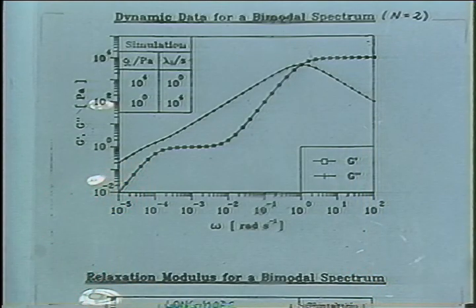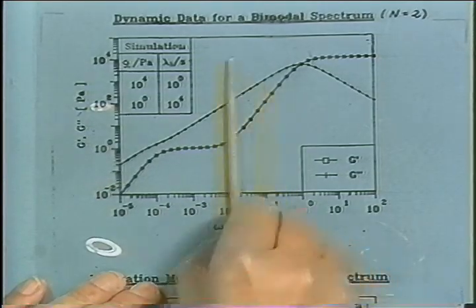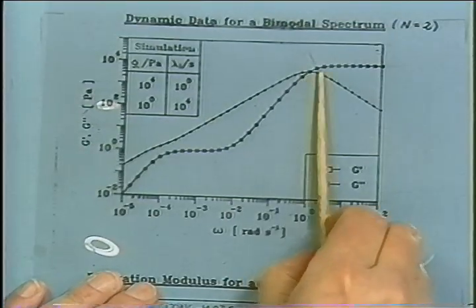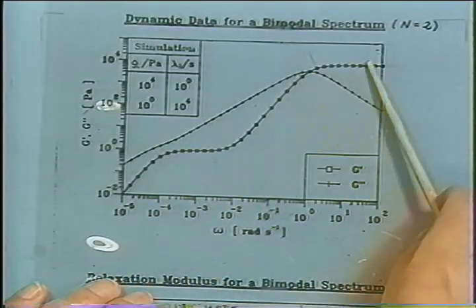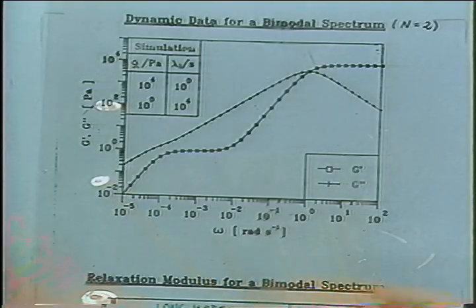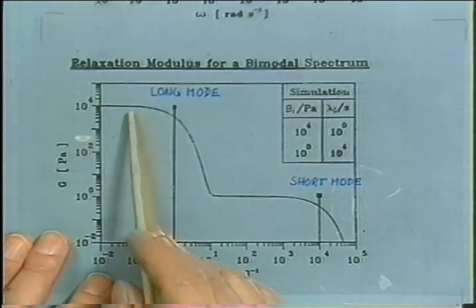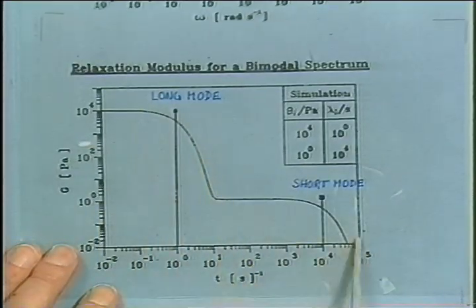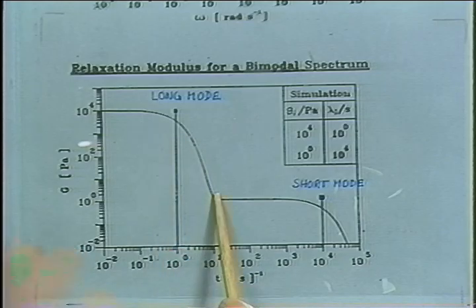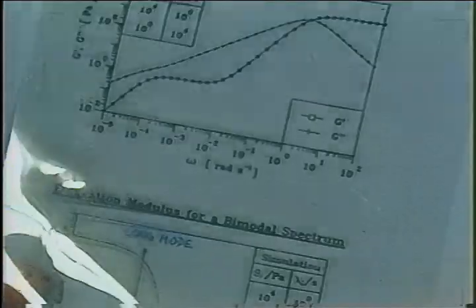We use the automatic curve fitting, the reduction, and due to this parsimonious modeling approach, where unnecessary relaxation modes are merging with other modes, all the modes in between are disappearing, and we end up with just two relaxation modes. And you see the line of the spectrum going through there. We're just recovering the spectrum as it is. And this would be G of t, here the relaxation modulus.